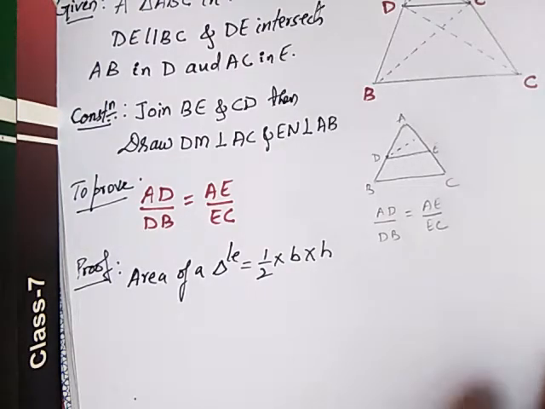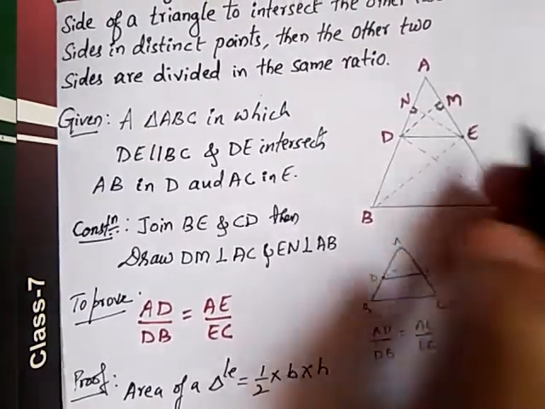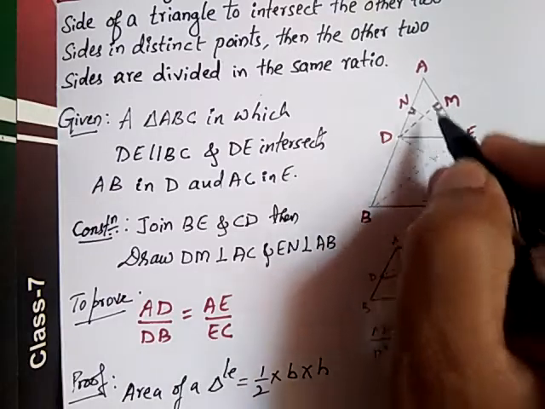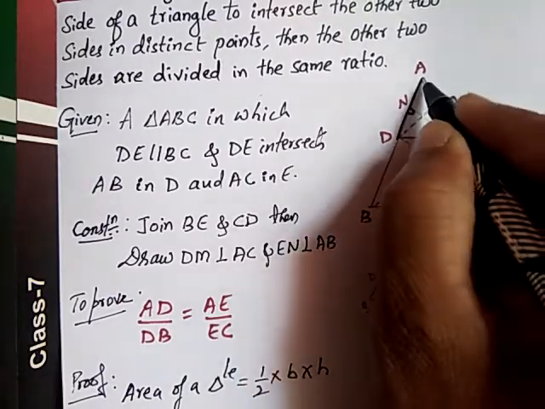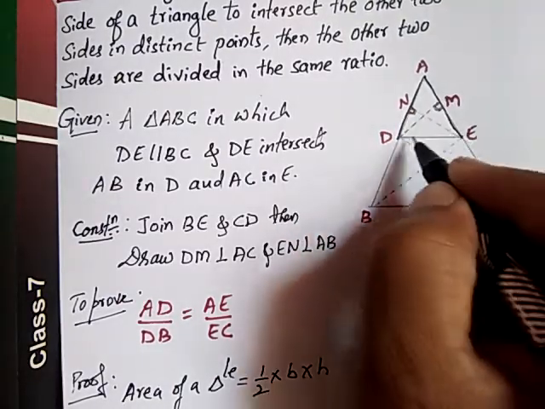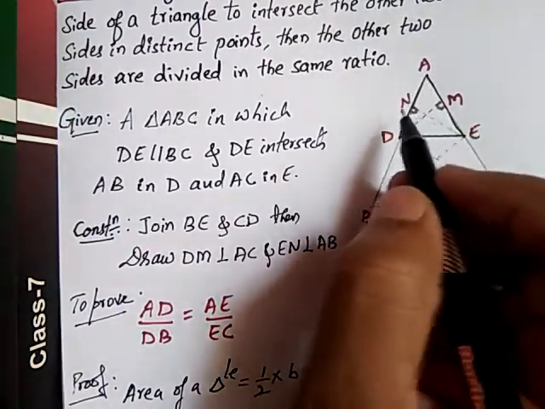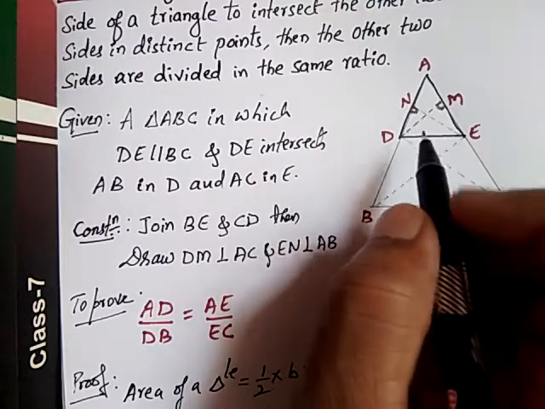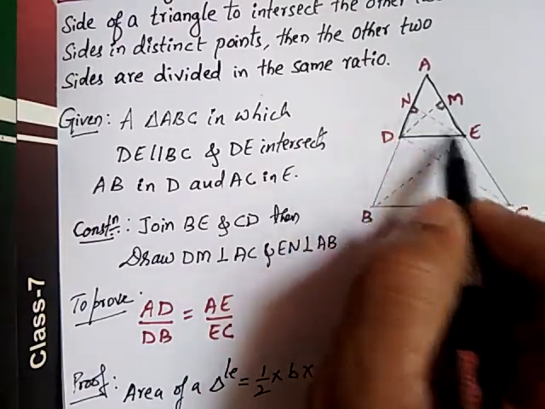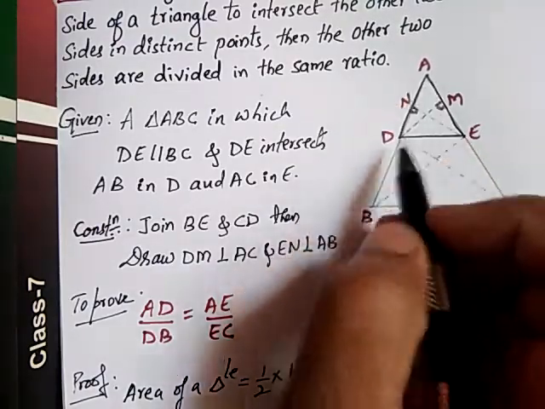Now if I apply this formula in triangle ADE, first the left side. EN is the height and the base will be AD.